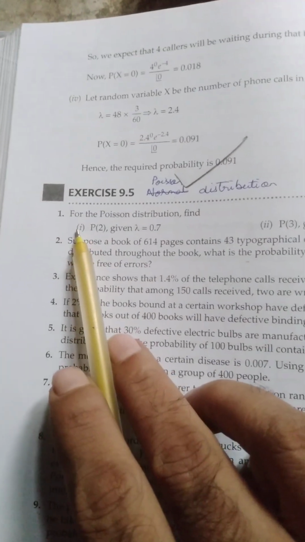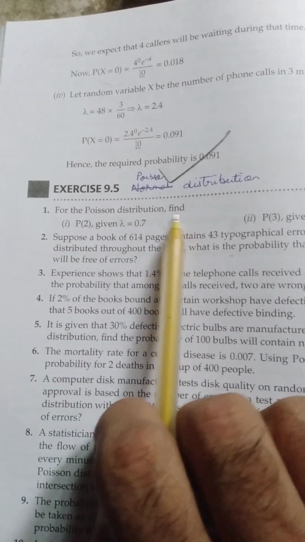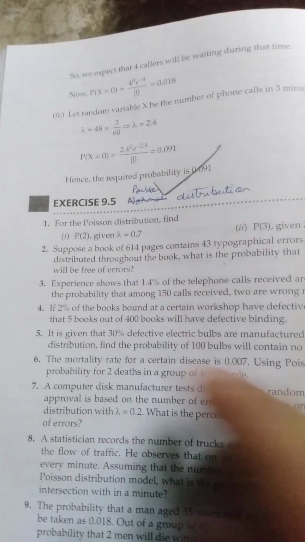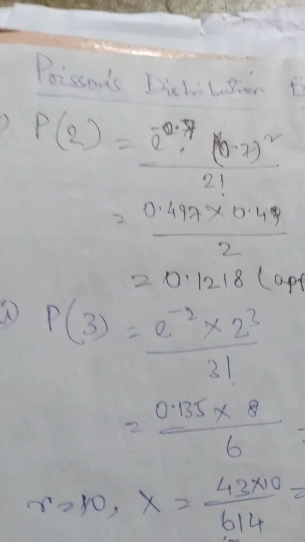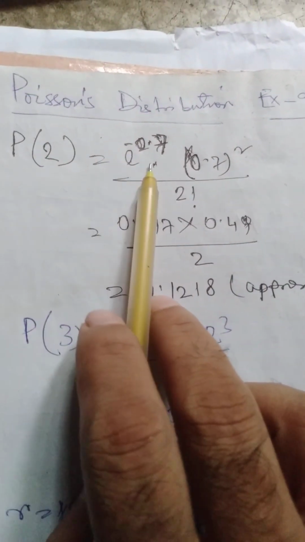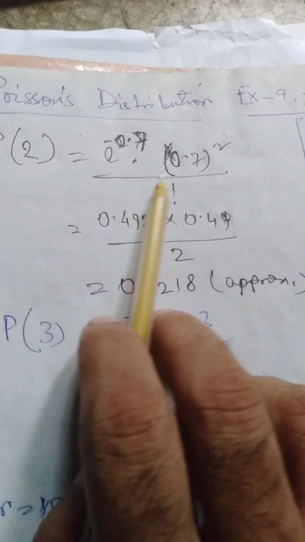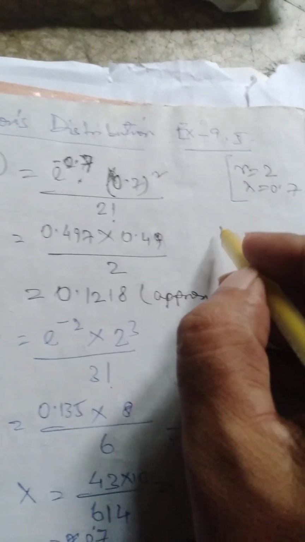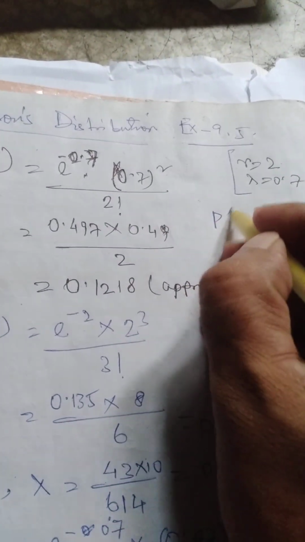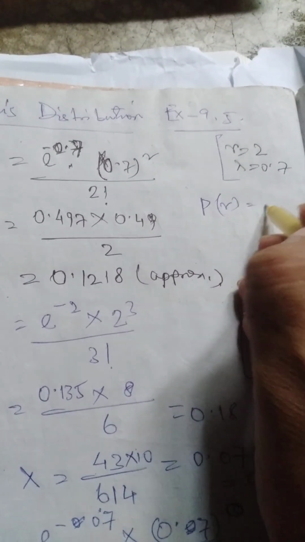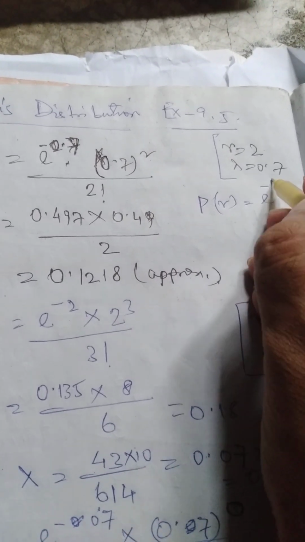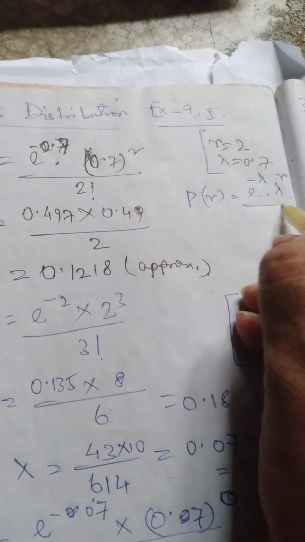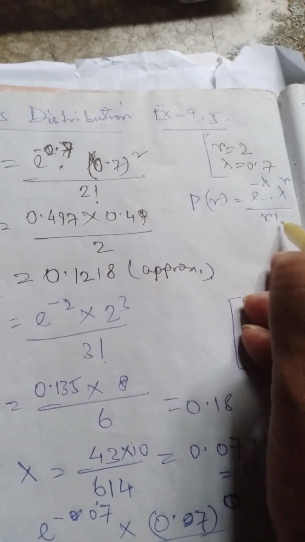तो क्वेश्चन नंबर 1, for the Poisson distribution find part 1, P2 given lambda equals 0.7. Here is the solution. P2 equals e raised to minus 0.7 into 0.7 whole square divided by factorial 2. As we know, the formula is P(r) equals e to the power minus lambda into lambda to the power r divided by r factorial.